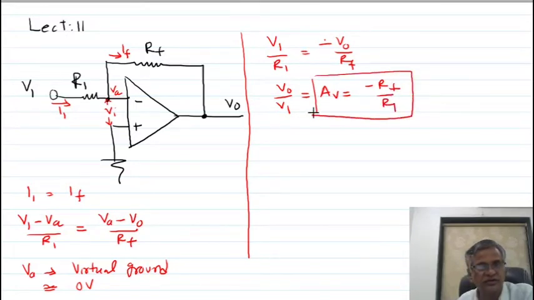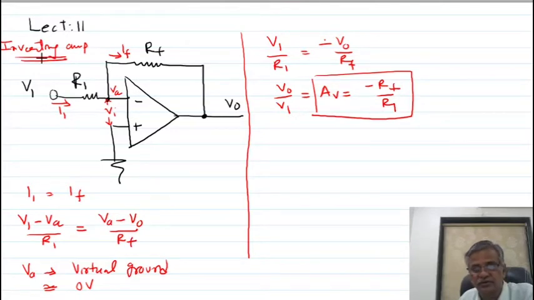This is your simple derivation of the inverting amplifier. The gain of the inverting amplifier is nothing but the feedback component upon the input component. Sometimes they write it as ZF by Z1. I think you already understand, we did it in the last lecture.